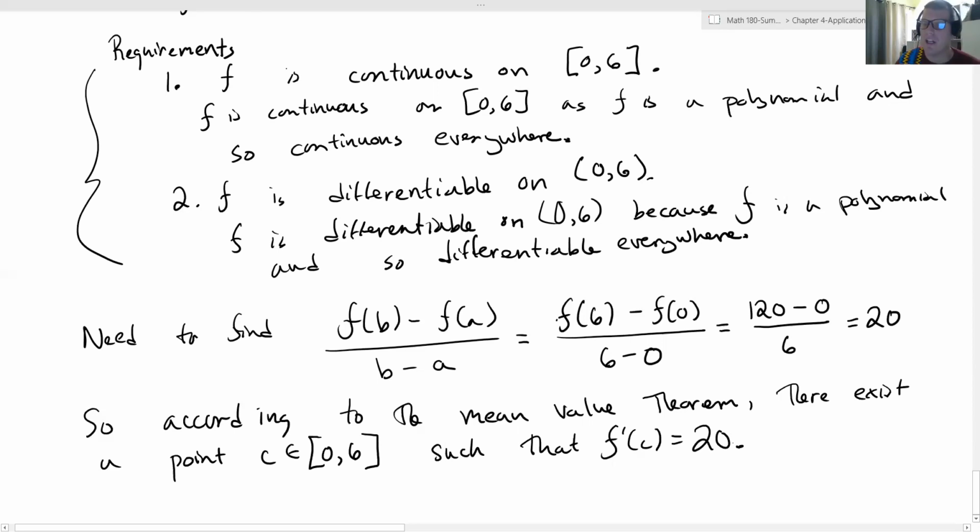That's the verification of the mean value theorem. Let me give you a second to finish writing that up. That's the entirety of a verification of the mean value theorem.